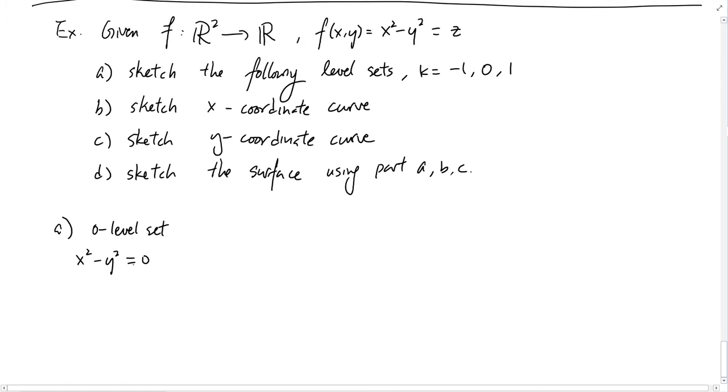So x squared minus y squared equals 0. This one is kind of tricky, because if you think about it, that would imply that x squared equals y squared. And now here comes the interesting thing. A student would say, oh, can I just take the square root and say x equals y? Well, not true. The reason it's not true is because of what happens when you take the square root of both sides.